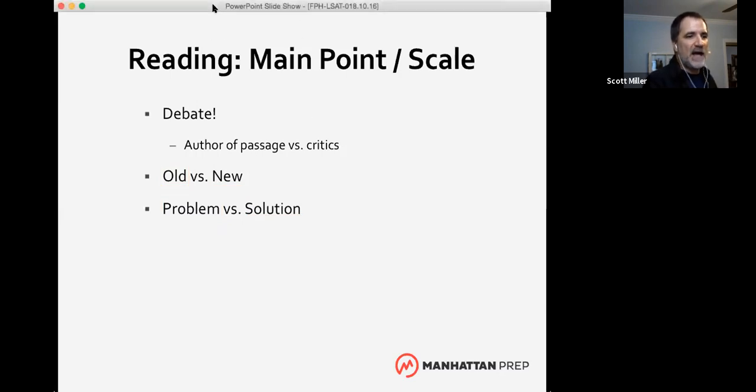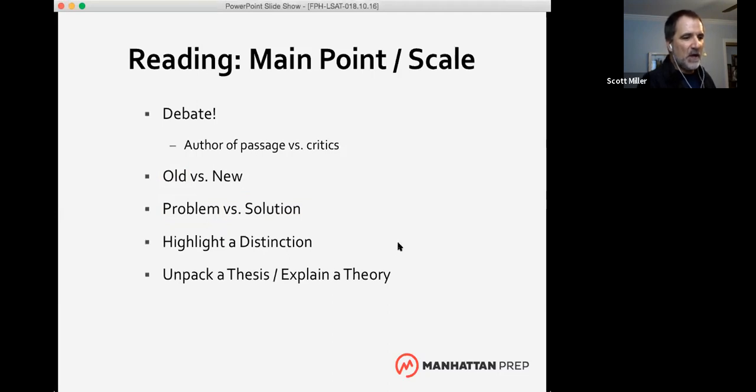There are one-sided passages. Those are a thing, right? So the author's goal, the author's point, maybe it's just a single main point. Maybe it's not really a scale. Maybe the author is just trying to highlight a distinction, talking about a certain jazz musician and why this musician is unique or distinct. And nobody's disagreeing with the author. The author doesn't acknowledge any disagreement. The author just says, hey, here's why this artist is distinct.